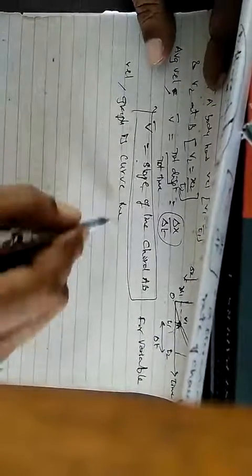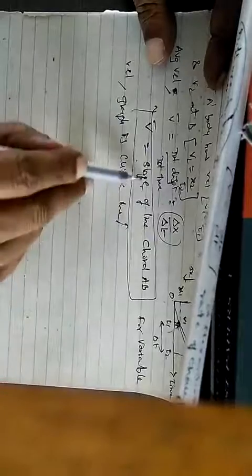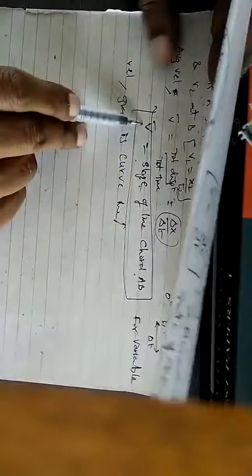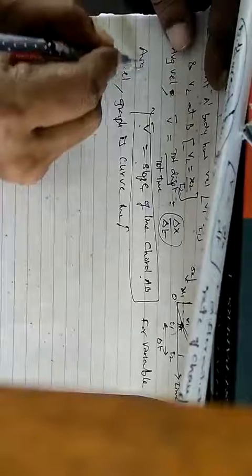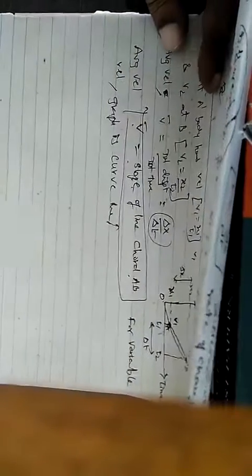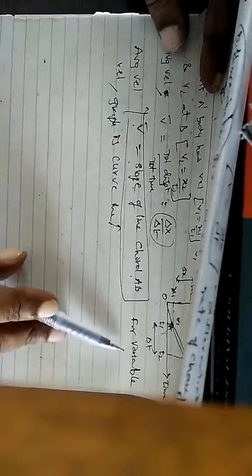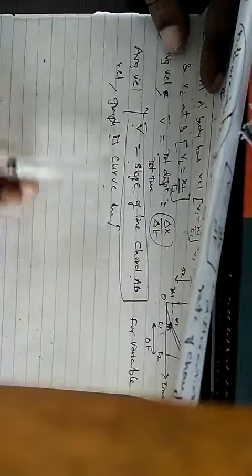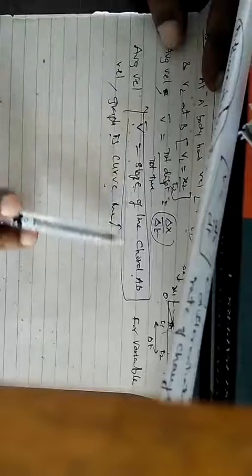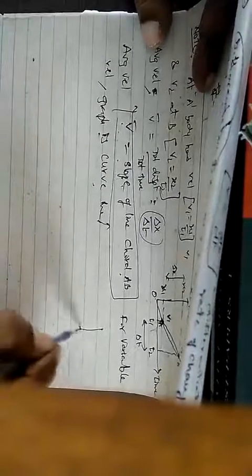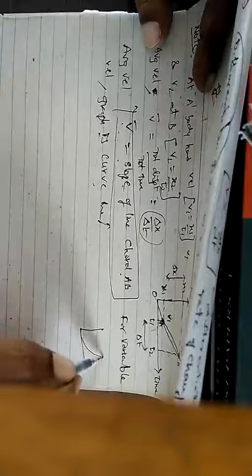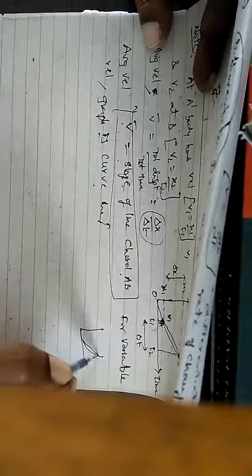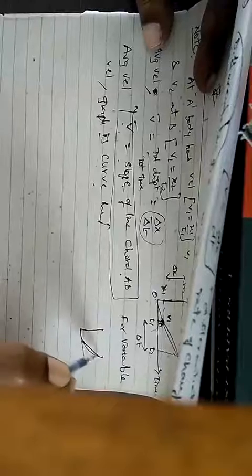Then the slope of the chord AB gives the average velocity. Whenever a curve is given, what is the average velocity? The slope of the chord gives the average velocity. That you have to remember.